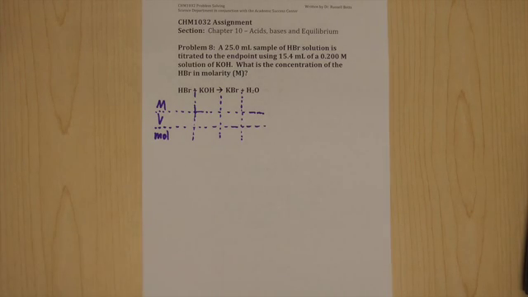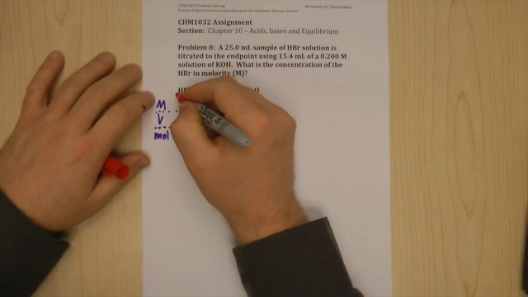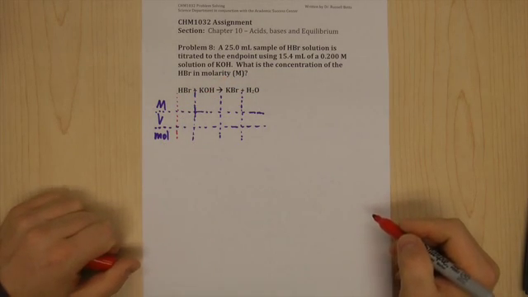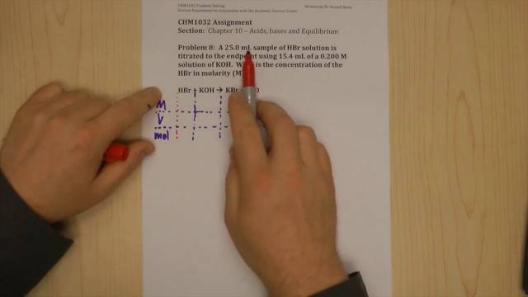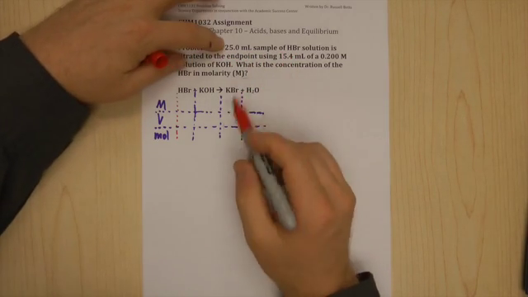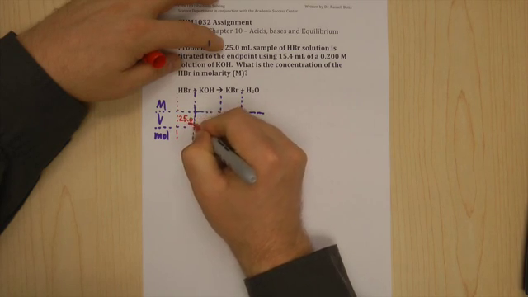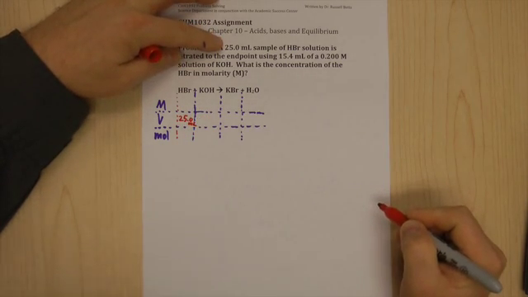Now, let's put our numbers in our table so we can keep everybody straight. A 25 milliliter sample of HBr solution, so 25 milliliters goes there.